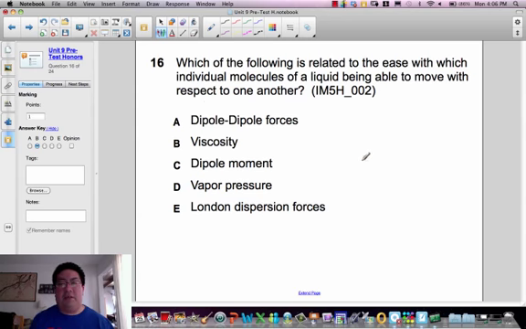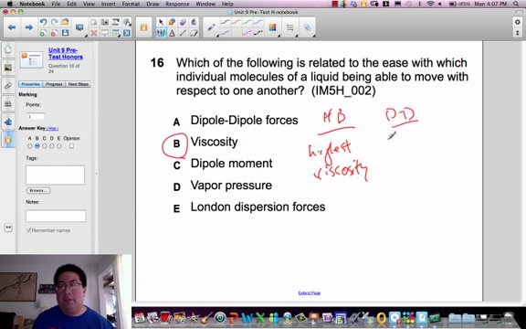So this is just another way to say viscosity. The idea here is viscosity is resistance to flow. If we looked at the different intermolecular forces, let's say we had H bonding, it would have the highest viscosity.